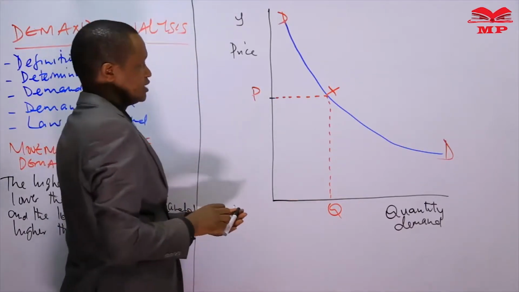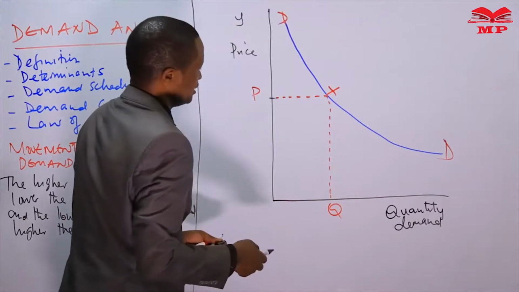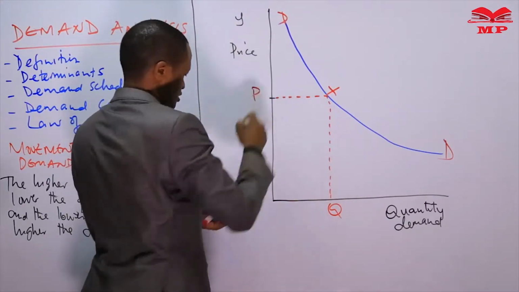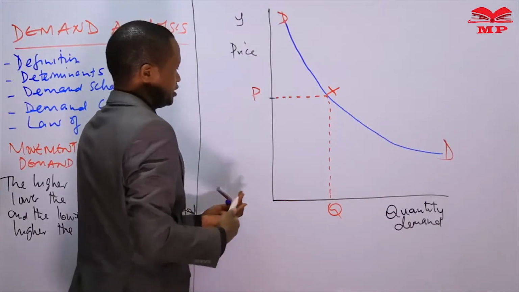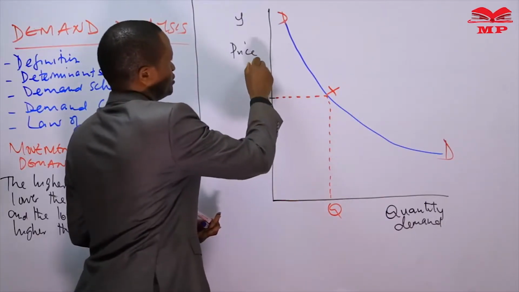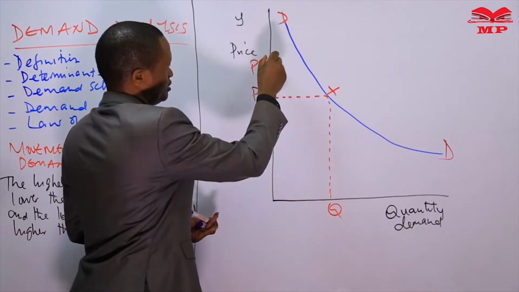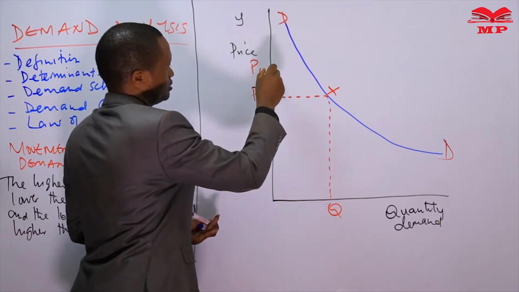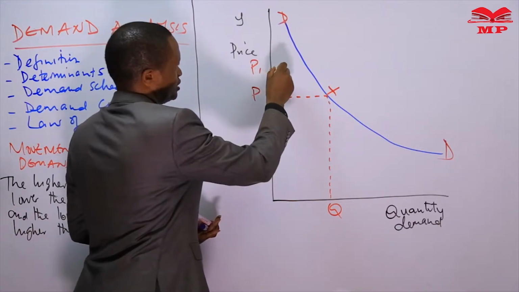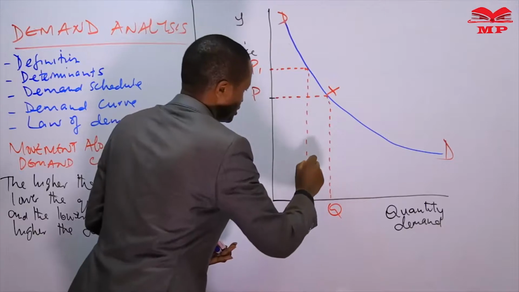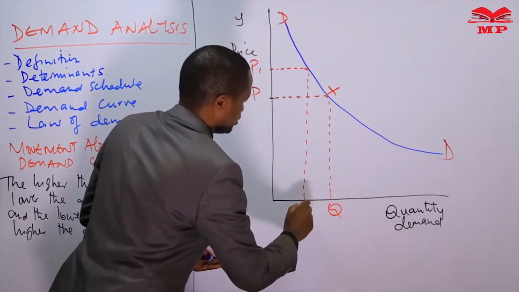But assuming there is an increase in price to, say, P1. At P1, you can see the quantity demanded reduces to Q1.